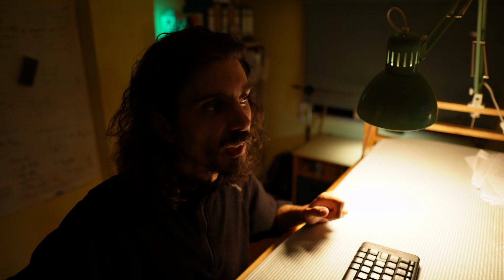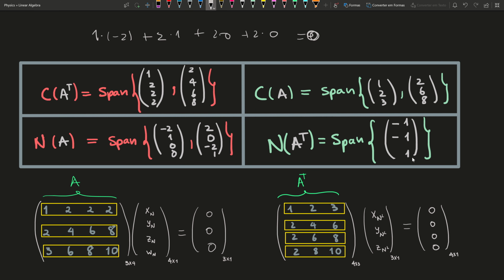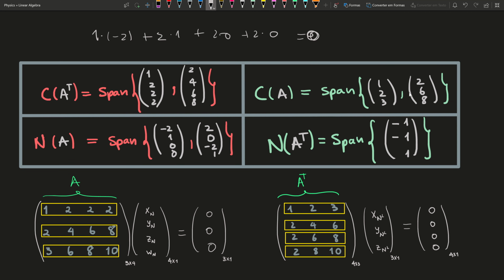So any vector in the left null space, or the null space of A transpose, must be orthogonal to every vector in the column space of A. Very important idea, just like we've seen here on the left hand side. Moreover, these vectors have 3 entries, so they live in R3. This subspace has dimension 2, this has dimension 1.